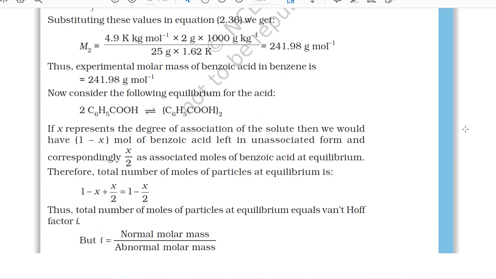Thus, total number of moles of particles at equilibrium equals the Van 't Hoff factor i.